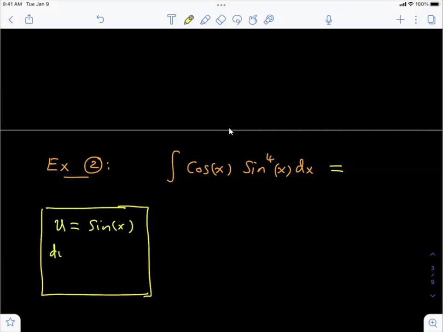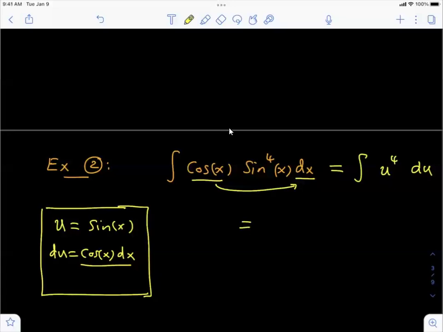So du equals cosine x dx. The cosine x dx combination is right there, which can be replaced by du, and then sine x happens to be just u, and sine to the fourth is going to be u to the fourth.